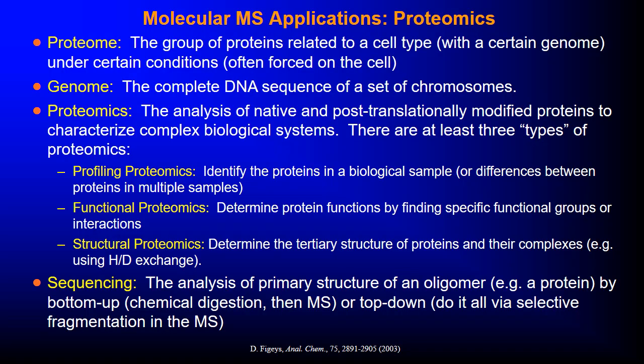We know that mass spectrometry is also used in proteomics, the study of proteins. The proteome is the group of proteins related to a cell type under certain conditions. The genome is the complete DNA sequence of a set of chromosomes.